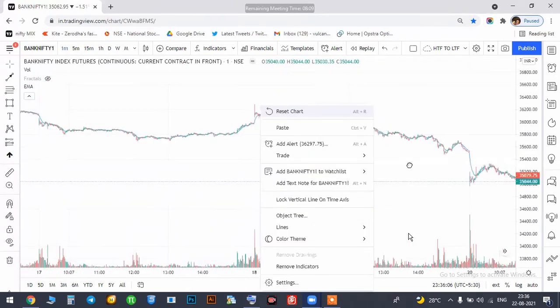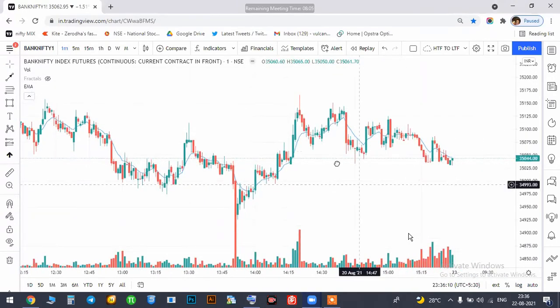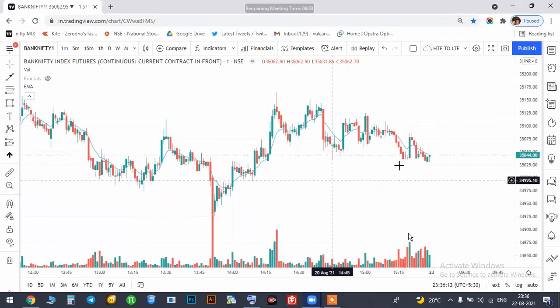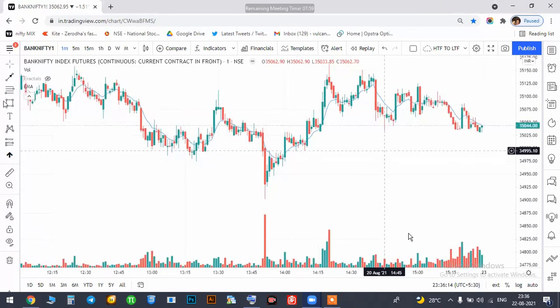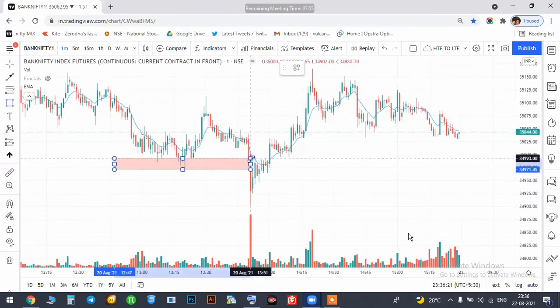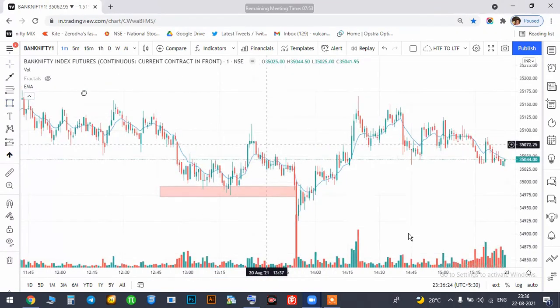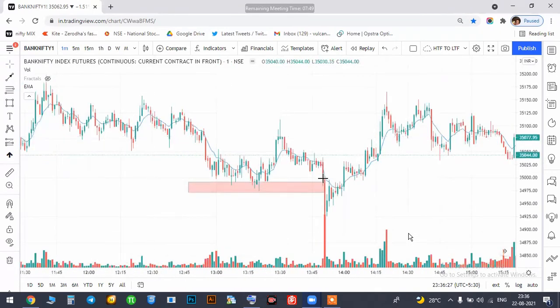What I see is that when I trade the market, I trade mostly in 1 minute, and I mostly target the double top and double bottom. So this is the double bottom.